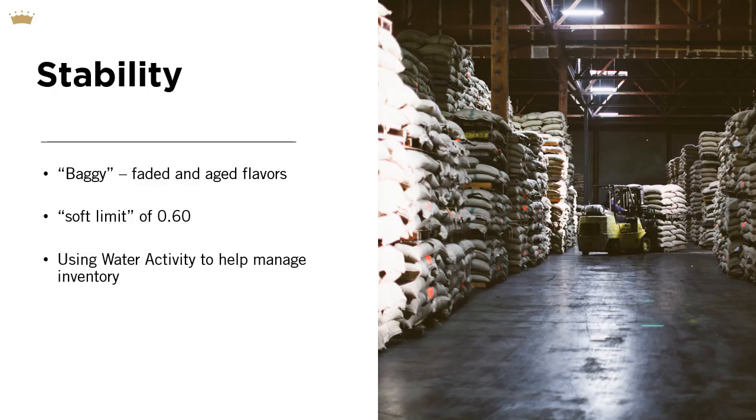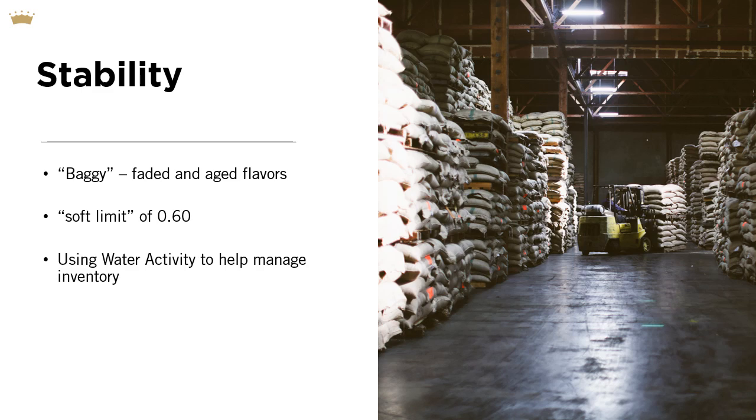The flavor can certainly resemble that of the jute bags in which the coffee is stored and shipped, and even coffees that are not kept in jute can end up tasting baggy. And so I would suggest that other terms for this flavor that might be more accurate might include faded or aged or past crop.